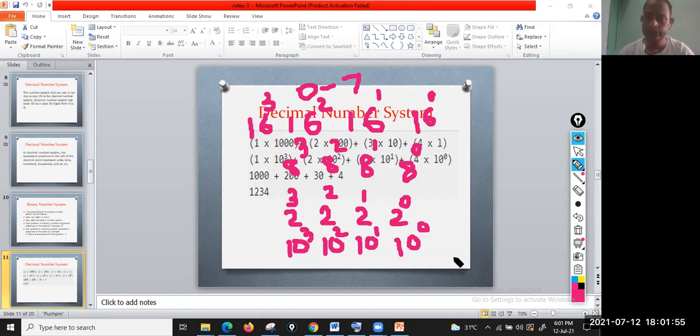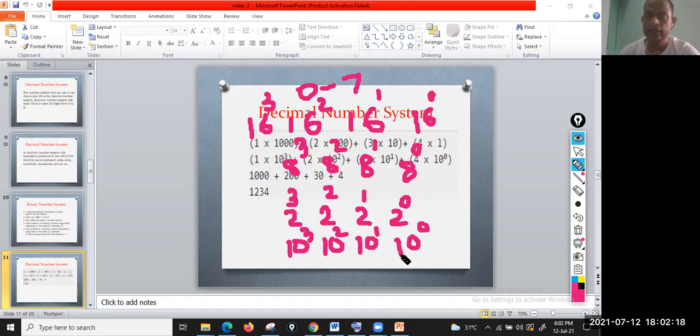Why have I used 10 to the power 0? Because it goes from right to left, from the least significant digit to the most significant digit. The right side is the least significant, and the leftmost side is the most significant digit. Just try to understand the concept.